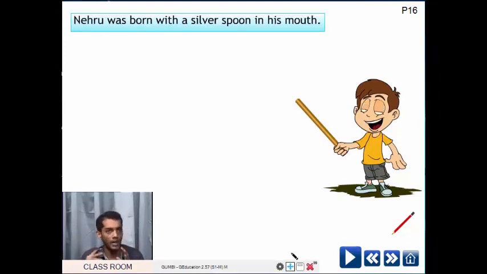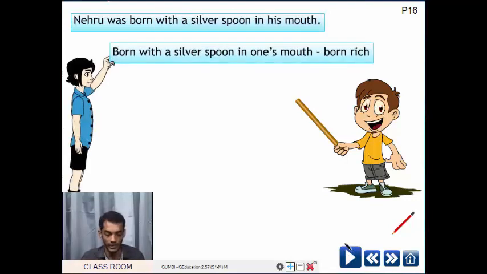Great. The Maharaja of Mysuru was born with a silver spoon in his mouth. Can you guess the meaning? He was rich. Born with a silver spoon in one's mouth means born rich or born in a wealthy family. Nehru was also born in a wealthy family. Understood?